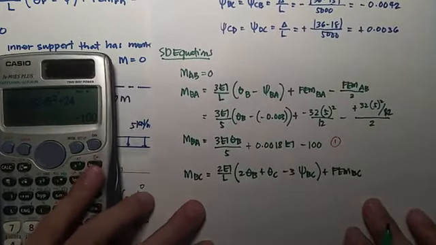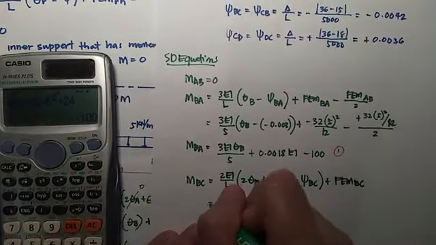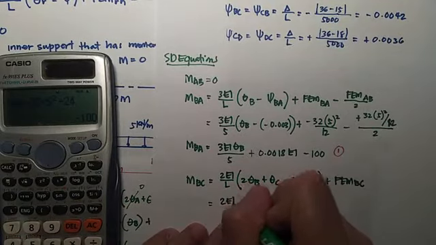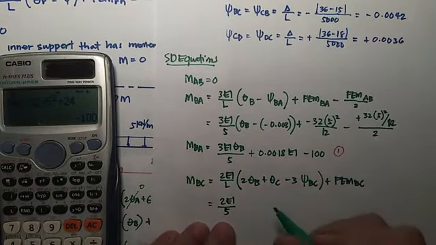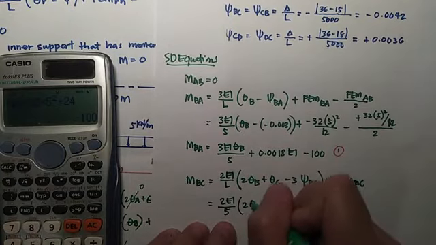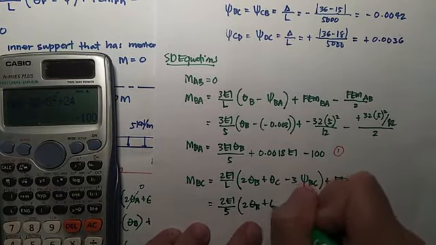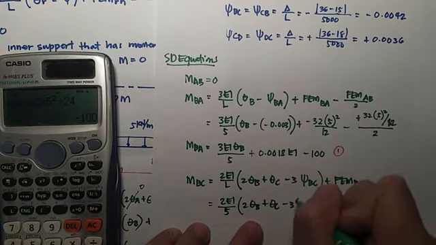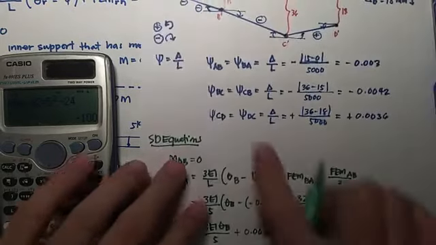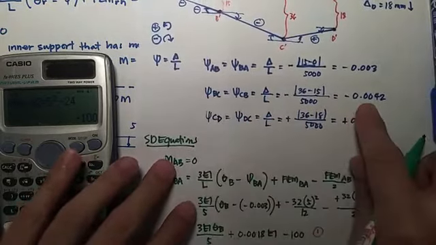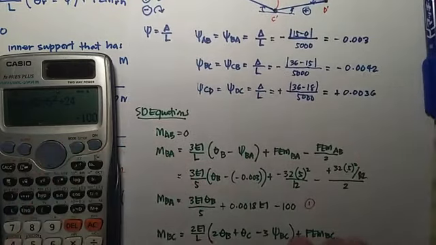O, substitute natin. 2EI over L. L is 5 meters. Twice theta B plus theta C minus 3 times what is psi BC? Psi BC ito. That's negative 0.0042. Yan.